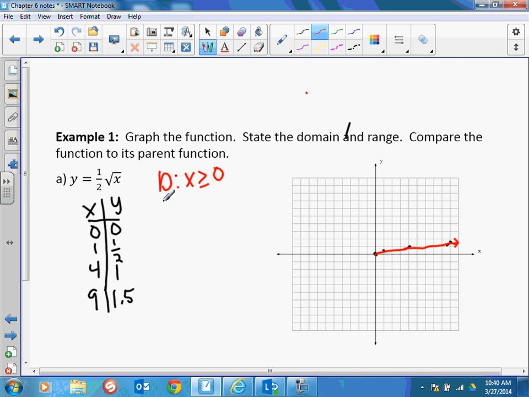The range is y is greater than or equal to 0. So the domain and range didn't change because 0 is still your smallest number for x and y, and it gets bigger from there.